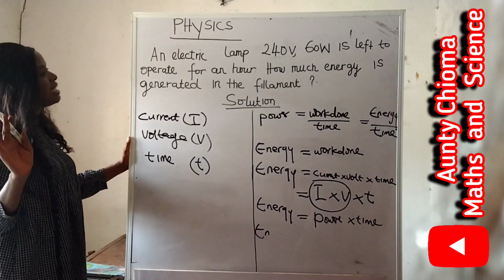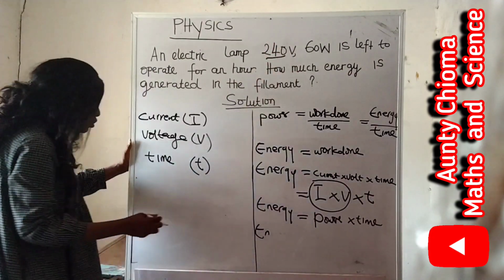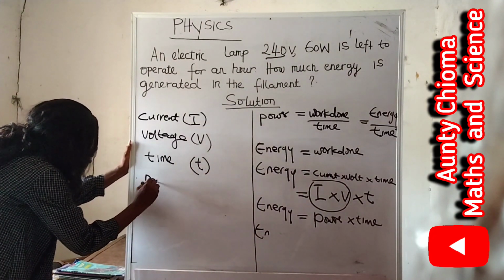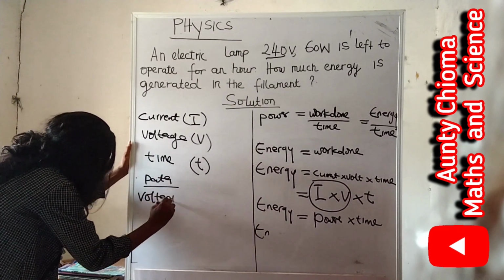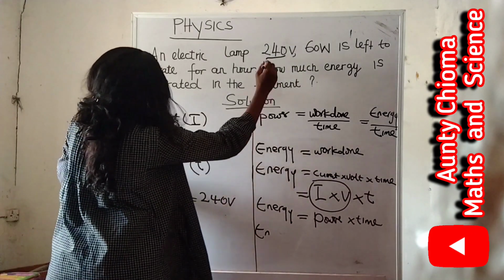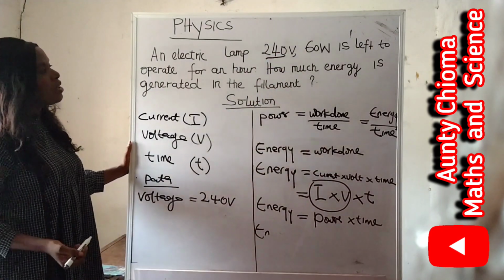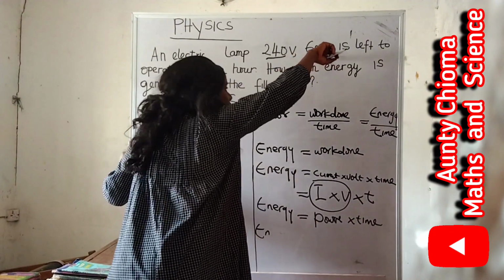The first data I see here is 240 volts. Voltage is 240, so I write data: voltage is equal to 240 V. Is there another data? Yes, we are given 60 watts. Power is measured in wattage.